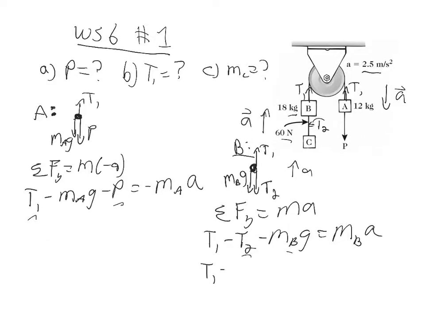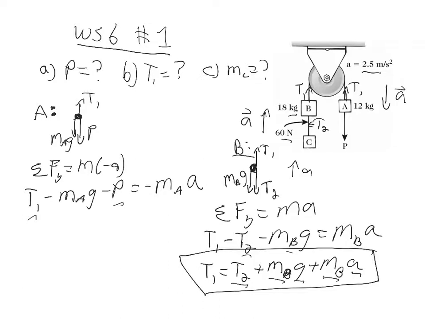So T1 is just going to be equal to T2 plus mBg plus mBa. And we know a is 2.5, mB is 18 kilograms, g is 9.8, and T2 was 60 newtons. So you can solve for T1, boom, box worthy once you solve for it.